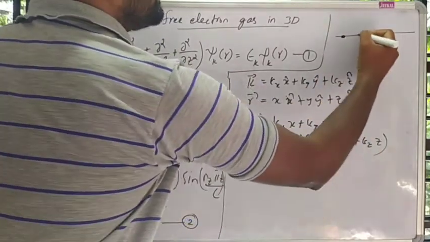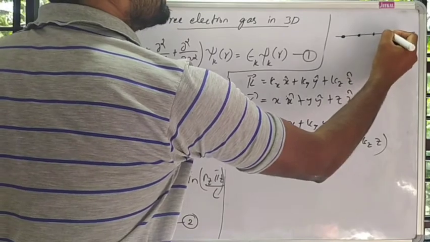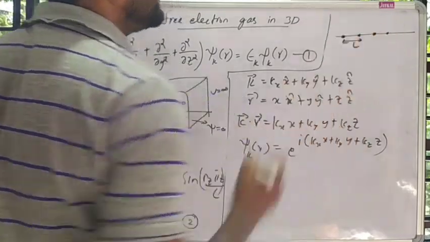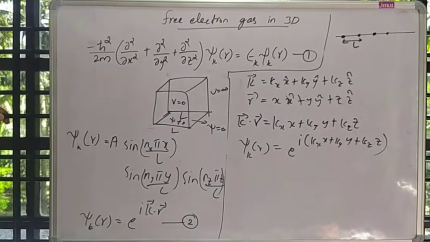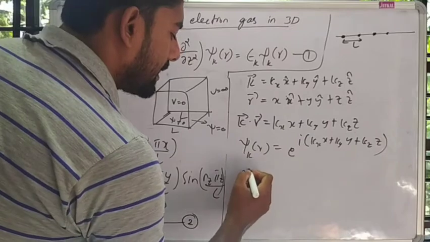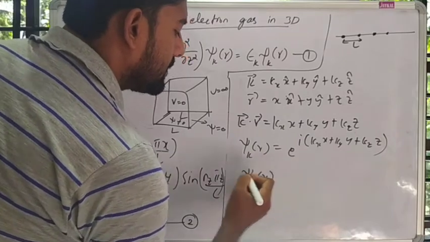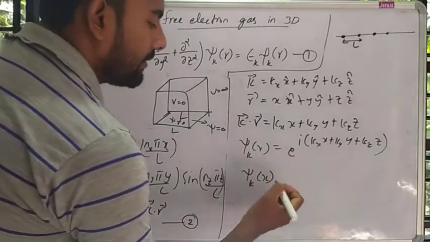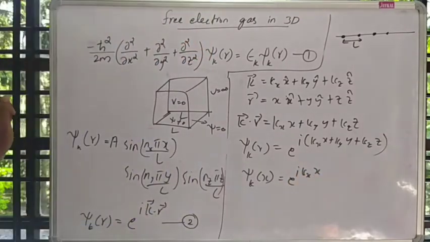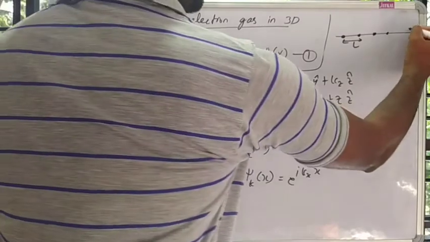Our condition is that the wave function should be periodic in nature with a length L. For example, in the x direction, the wave function psi k of x is equal to e raised to i kx x.